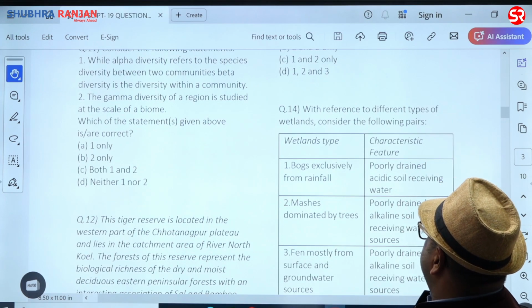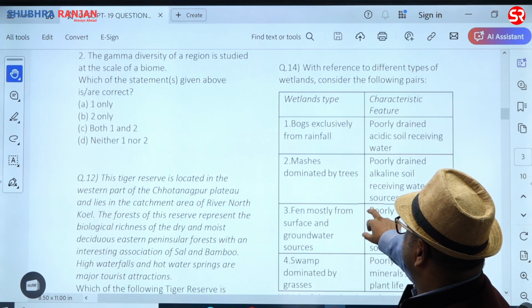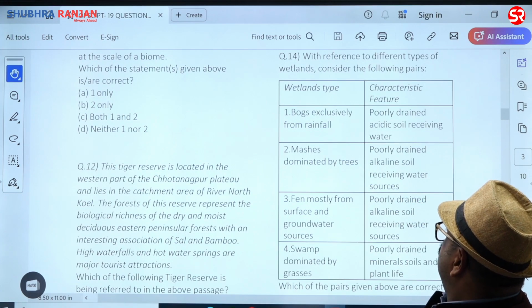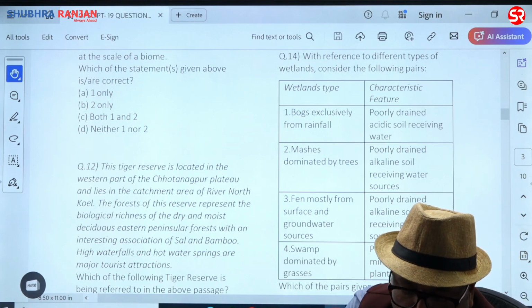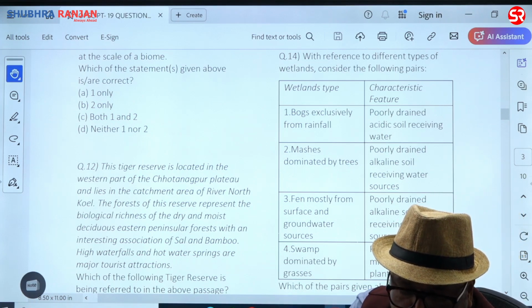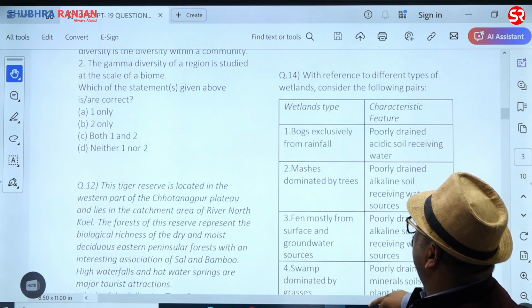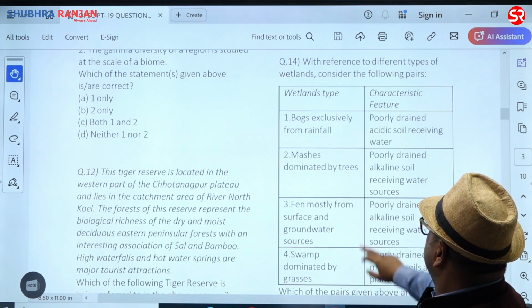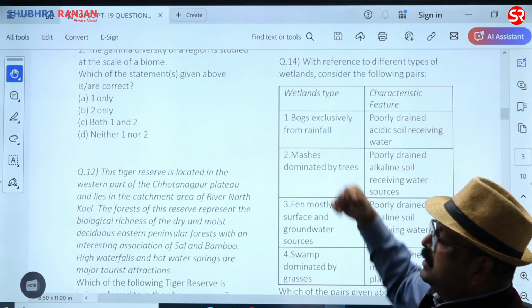With reference to the different types of wetland, consider the following pairs. Bog, exclusively from rainfall, poorly drained acidic soil receiving water. Okay, so this is question number 14. And this is what bog is.